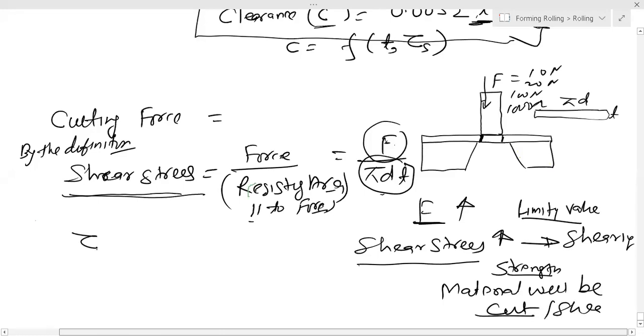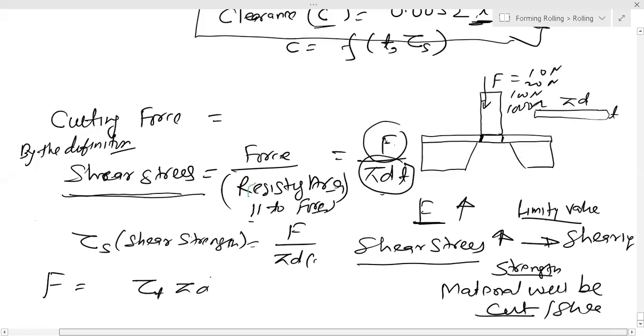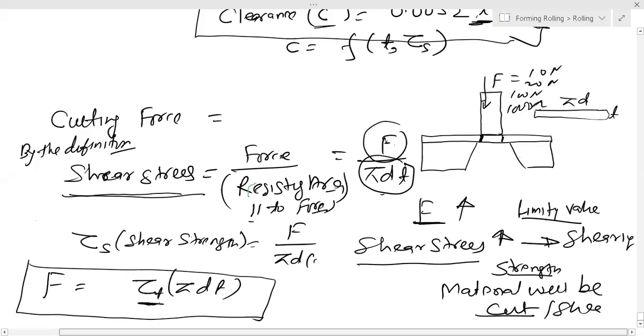So tau s, that we call shear strength, is equal to force by pi dt, meaning the material got cut. So F is equal to tau s pi dt, meaning you need this much force to cut the material. If you know this and the diameter and thickness, you can estimate the force required to cut the material.